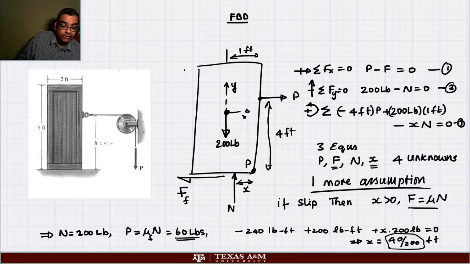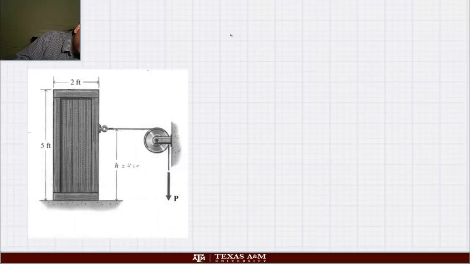Now let's look at the second situation, which is it's not going to slip, but it is going to tip over. So if I want to look at tipping over, everything is the same, equations are the same, the condition is slightly different. For tipping, equations are the same.